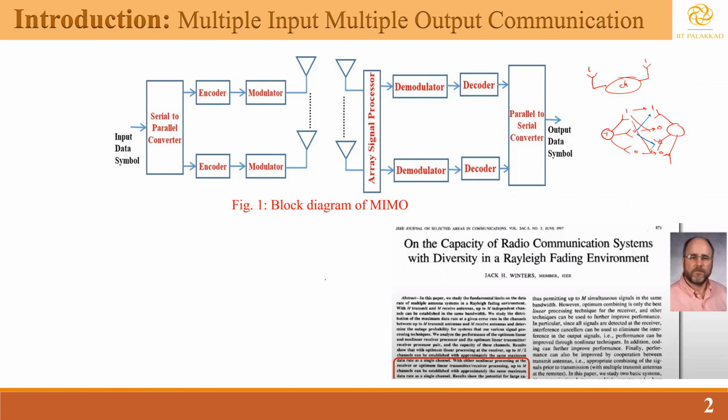At the same time, if you increase the bandwidth, then automatically you have to face certain consequences. Now, when you are applying MIMO communications, one thing that was said by Dr. Winters is that MIMO always gives you flexibility for spatial multiplexing.